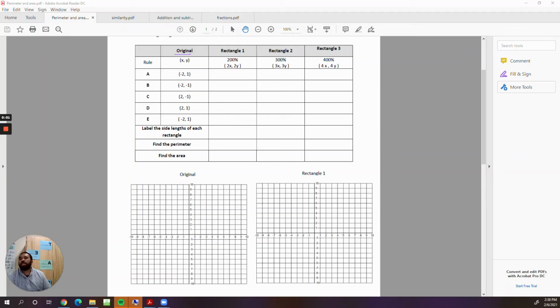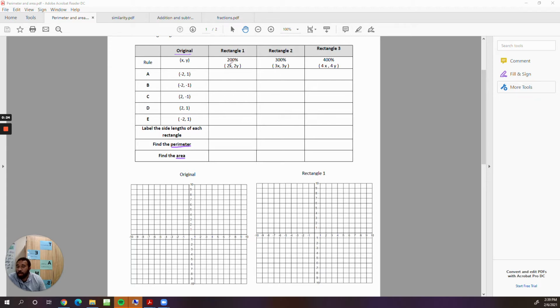Hello again. Today we are continuing working with different rules that we apply to a figure and how that affects the shape. This time we're focusing on how that affects the perimeter and the area. All of our rules involve multiplying.